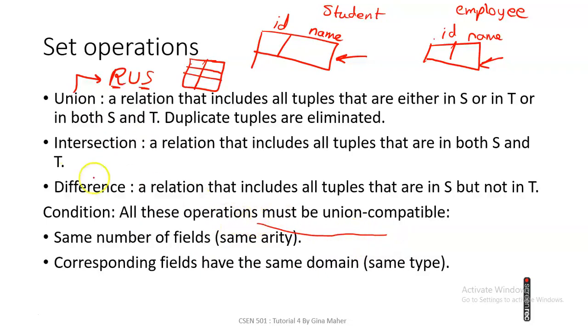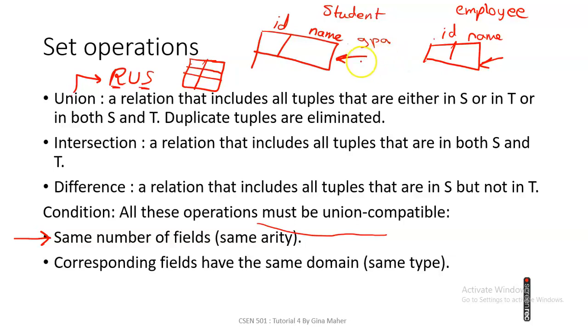How to check that? First, we need to check if they have the same number of fields. In this case, the student has two fields, ID and name, and the employee has ID and name. If one of them, for example, has another field, such as a GPA, so this will have 3 attributes and this has 2, then these two relations are not union compatible and a union cannot be done.